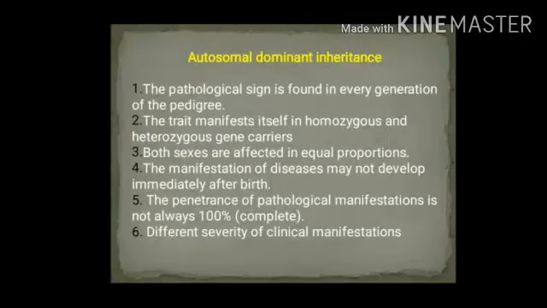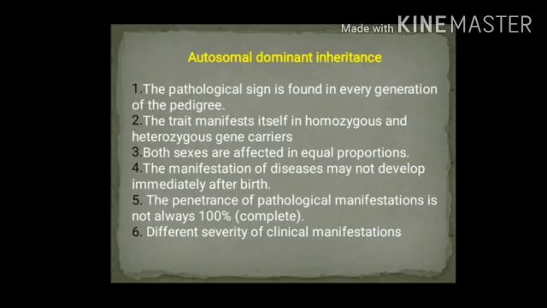What are the characteristics of autosomal dominant inheritance? The pathological sign is found in every generation of the pedigree. The trait manifests itself in homozygous and heterozygous gene carriers.